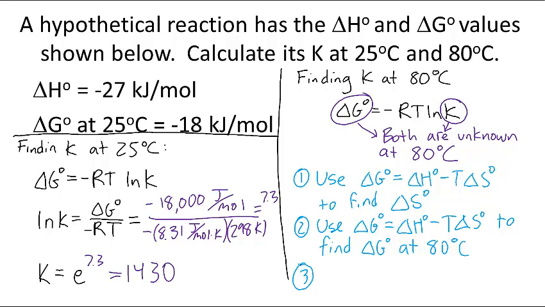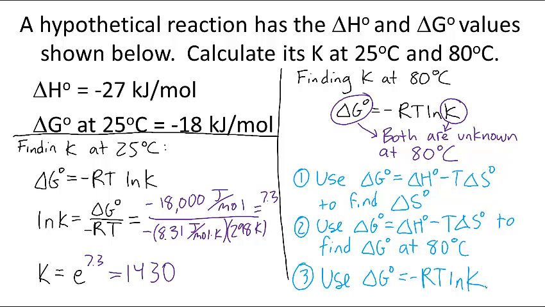And then the last thing you would do is now apply delta G naught equals negative RT ln k to find that new k value.